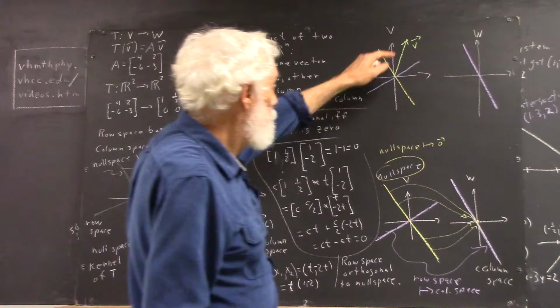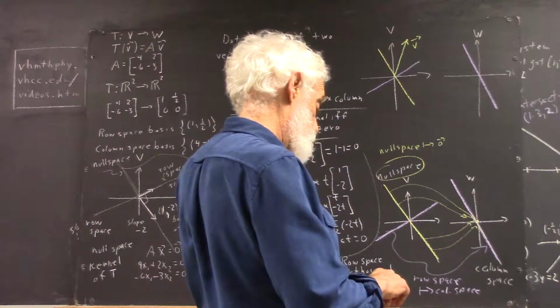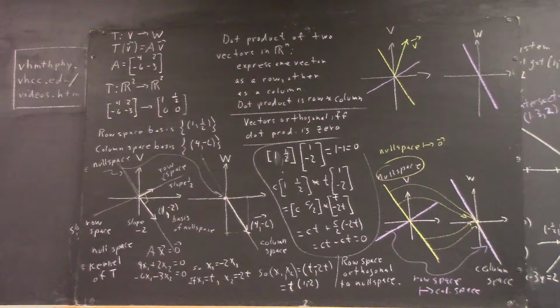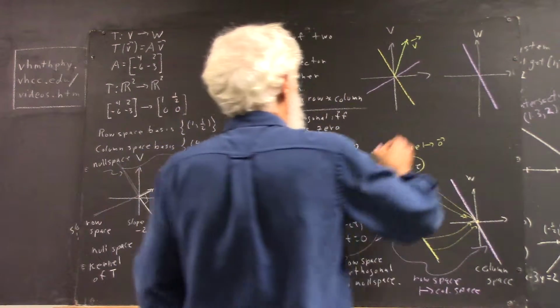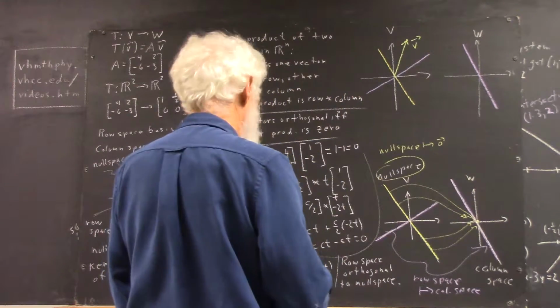Well, what are we going to do with the vector V then? Where's it going to go on the column space? Well, it's actually fairly simple. I kind of need another color, so we'll emphasize it with the red. And I'm going to extend the line representing my column space a little bit.